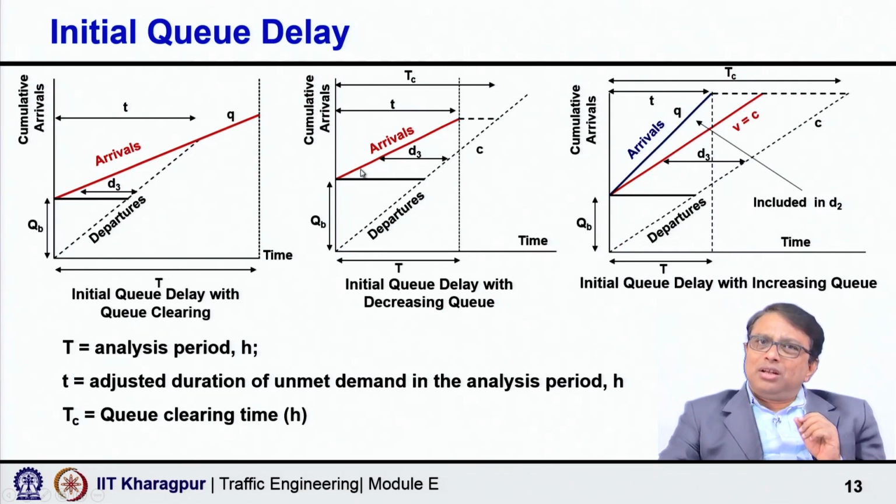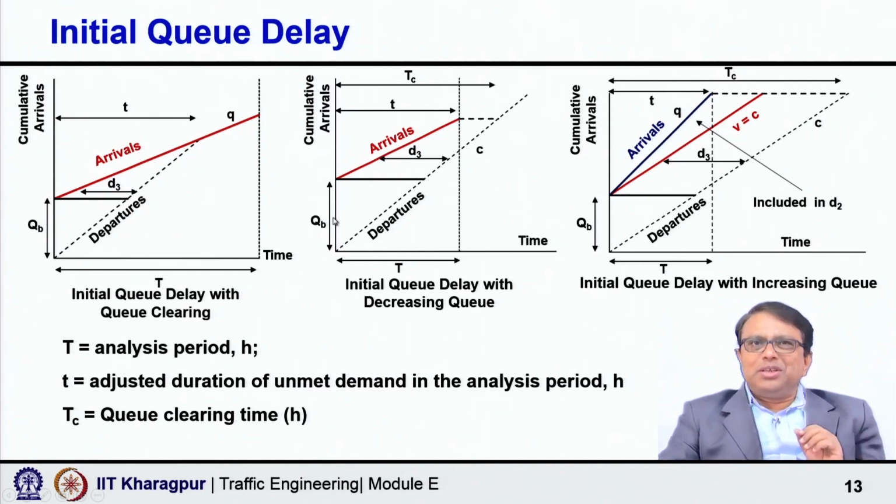Whatever is your arrival rate, your departure rate is higher than that. In this case also departure was higher, but the difference was such that the cumulative departure curve could catch up with the cumulative arrival within this analysis period, but here no. Within the analysis period, the cumulative departure curve does not catch up with the cumulative arrival curve, considering also the Q which was there in the beginning.